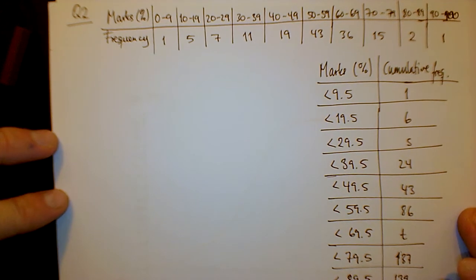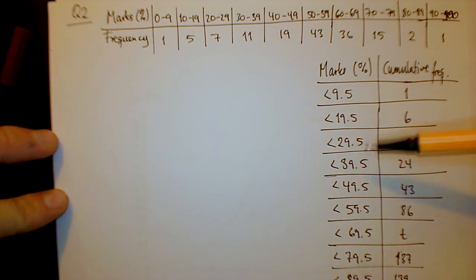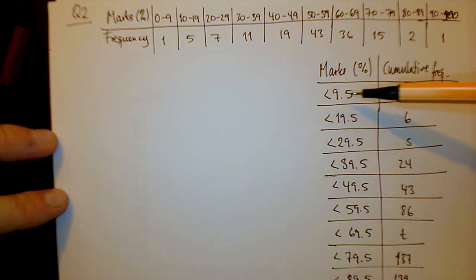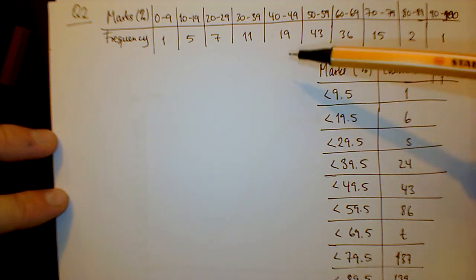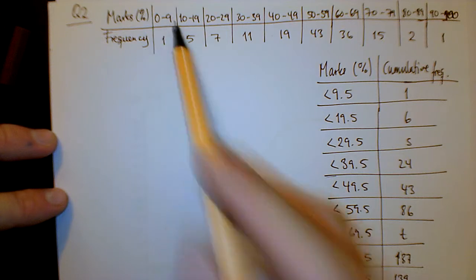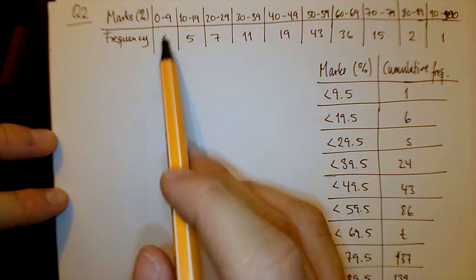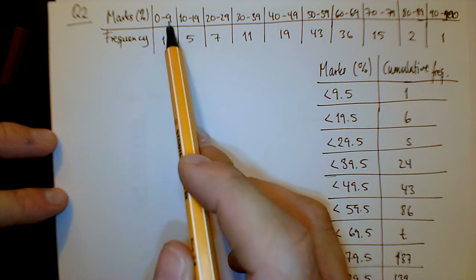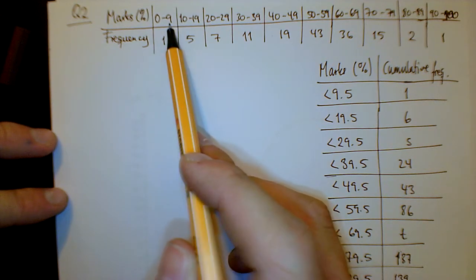So our first task is, on the right hand side we also have the marks less than 9.5%. That's the upper boundary of this group and the lower boundary of the next group being 9.5, because there's one in between.